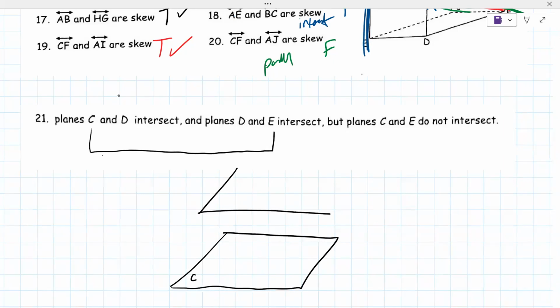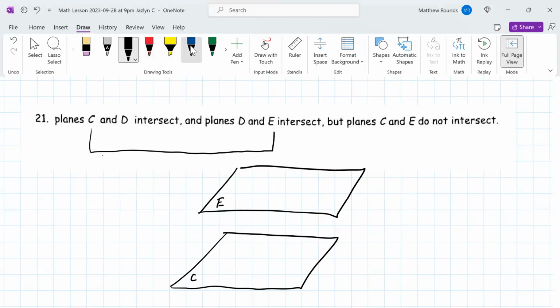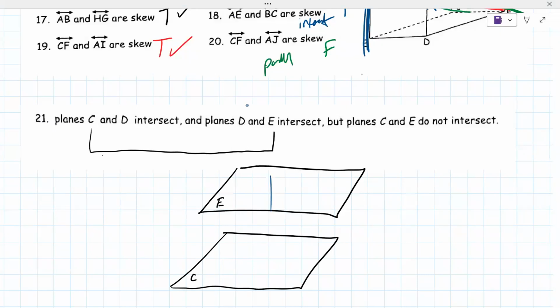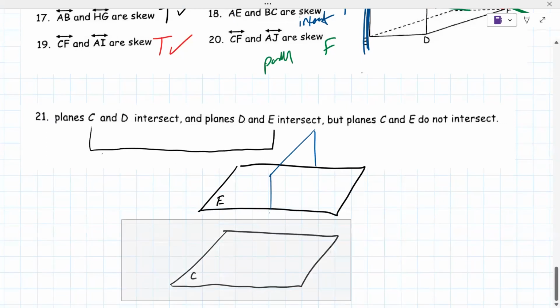Are they parallel? Hard to tell. That's probably not fair. I'm trying my best. I'm not the best at drawing these, but what we can do here is cut through with another plane. Oh, wait, I didn't draw that right. I'm going to have to move this underneath.